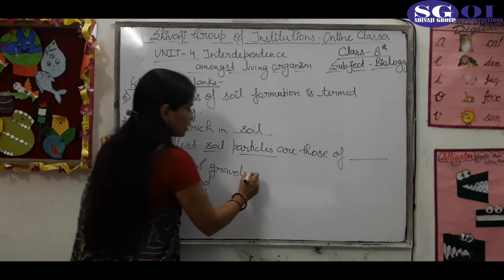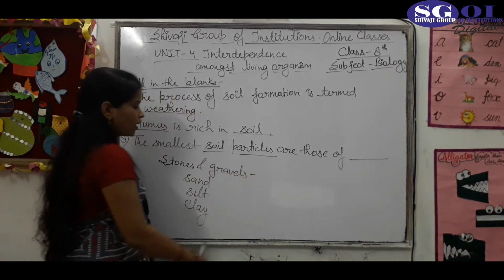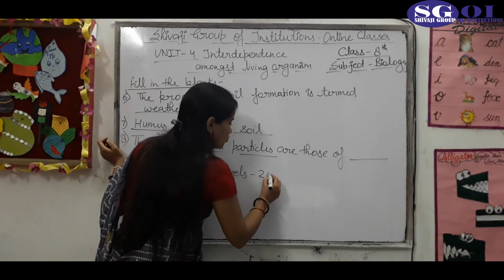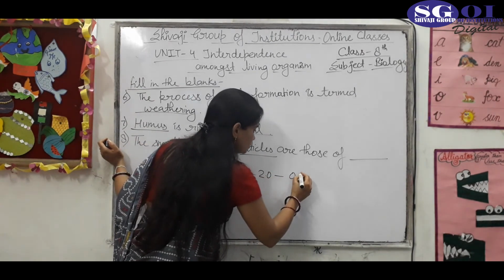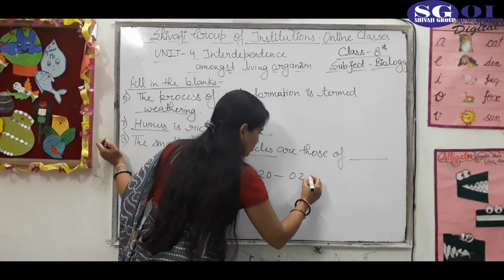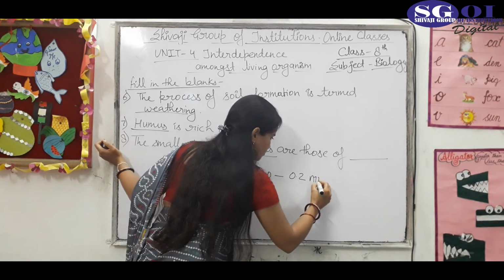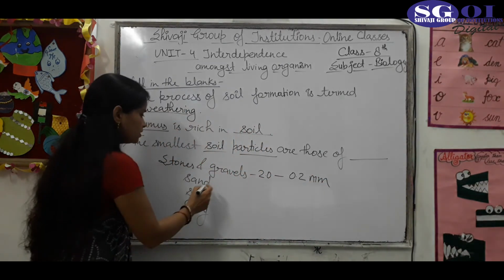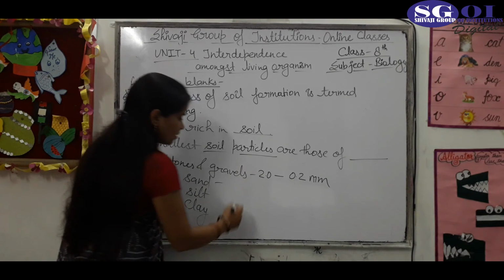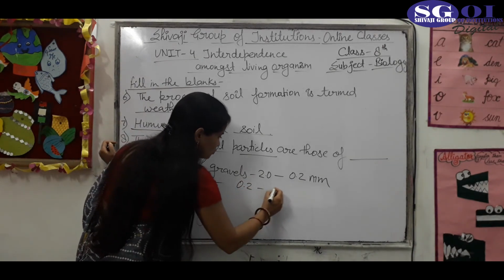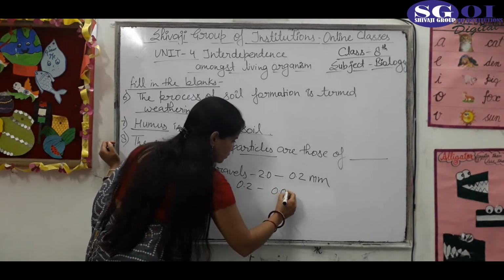So stone and gravels. The size of the stone and gravel is approximately 2 to 0.2 mm. And the size of the sand is about 0.2 to 0.02 mm.